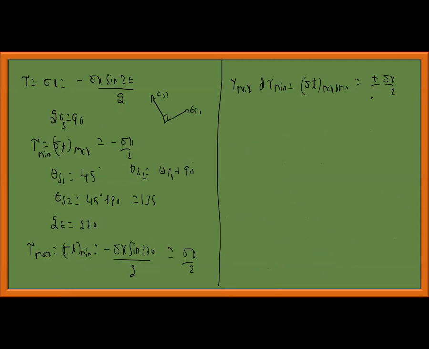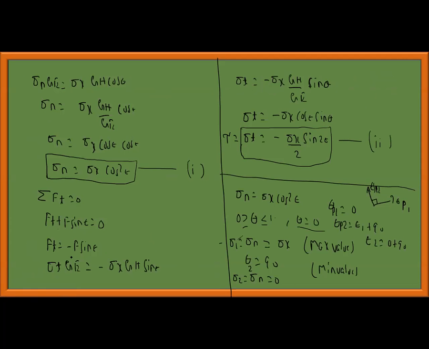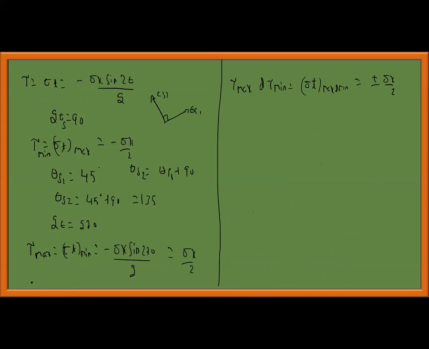It means that if I load the body, the maximum stress the body can withstand is sigma x. Forget about sigma 2, there is no stress. If you feel that the maximum stress is sigma x, you are wrong.